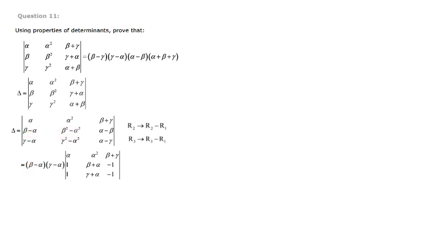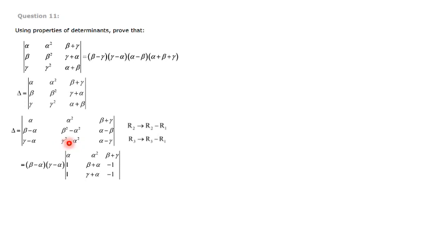Here beta square minus alpha square, as I explained before, by using a square minus b square we expanded. Out of that beta minus alpha is out, then beta plus alpha is remaining. Here alpha minus beta is there. From here we have taken beta minus alpha, that means minus 1 is the balance. And in the next row gamma minus alpha we have taken outside, so balance is 1.